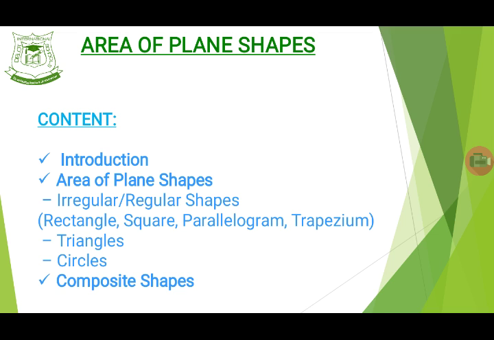Earlier this week we talked about trapezium and triangles, and I told you that today we're going to be looking into circles and composite plane shapes, right? Circles and composite plane shapes.